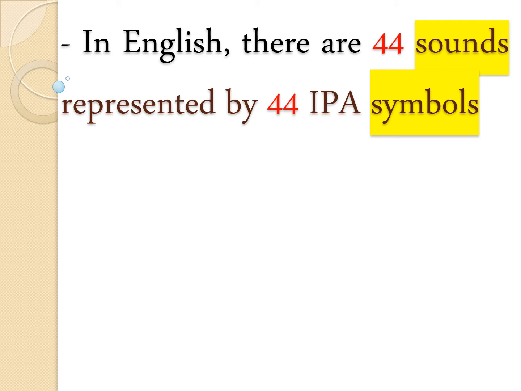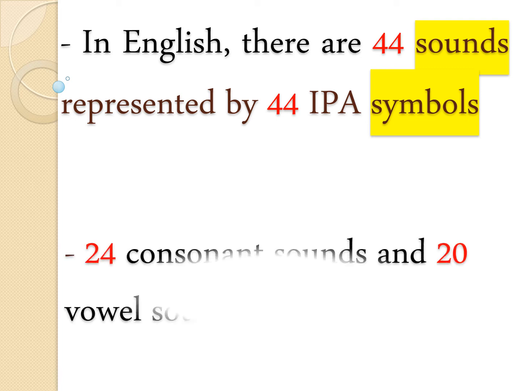Remember, in the beginning we said that in English there are 26 letters, and this shows and explains that the letters are different from the sounds. There are 24 consonant sounds and 20 vowel sounds.